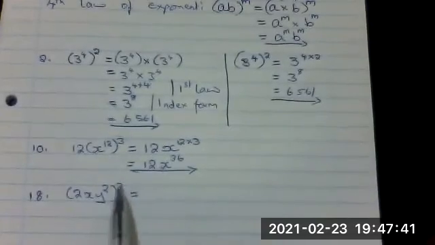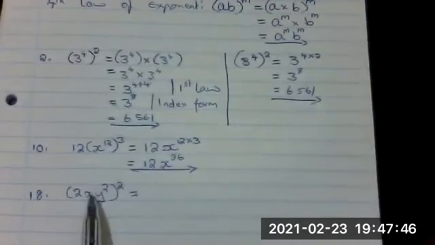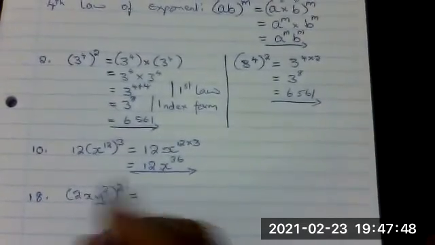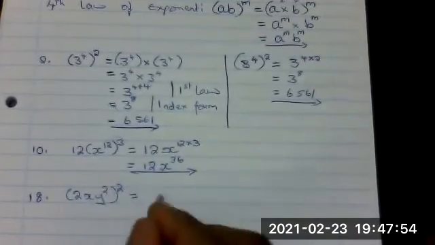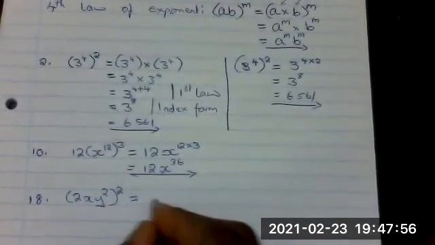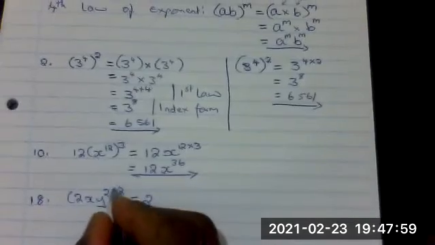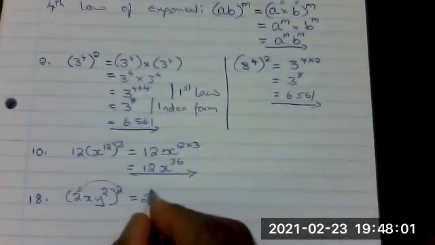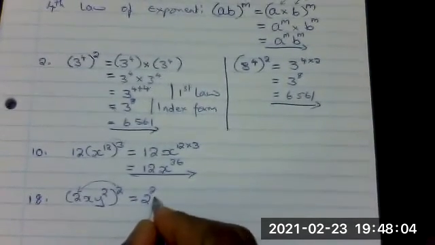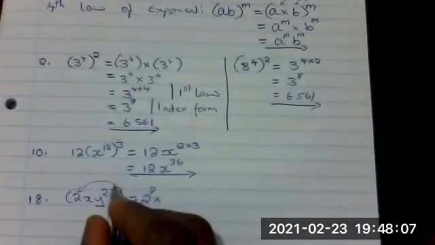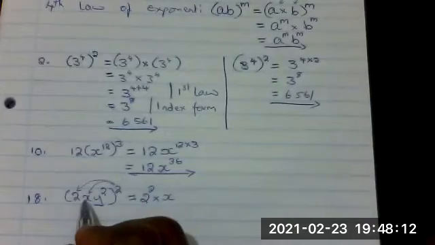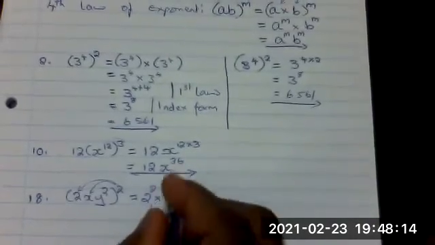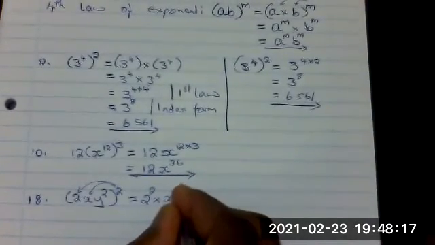So we distribute the outside exponent to each number that is inside the bracket, right? I'll be using arrows. Since they are multiplying each other, we distribute it like that. So we say it's 2 to exponent 2, times x, this x is exponent 1, so it is going to be 2 here.